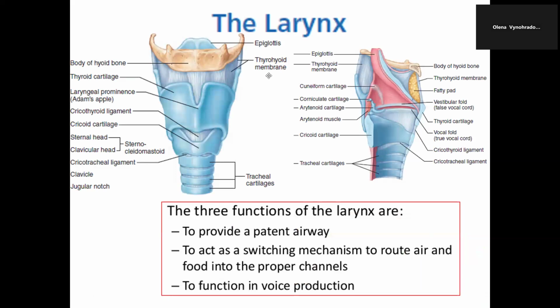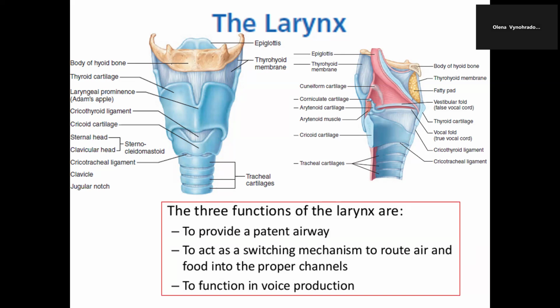Next part, I would like to talk with you about the larynx. The larynx consists of different cartilages, and the larynx has a stable shape and never changes. Inside of our larynx we have vocal cords.